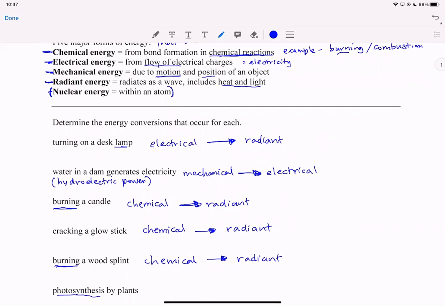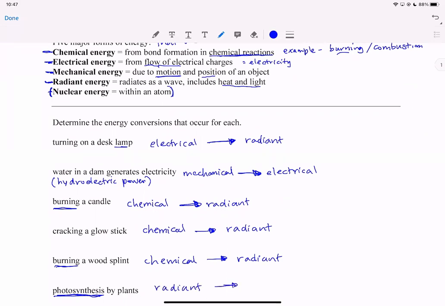First, let's talk about photosynthesis, taking energy from the sun. What is that energy from the sun? Is it chemical, electrical, mechanical, radiant? Well, what we get from the sun is light. And so light from the sun is radiant energy.